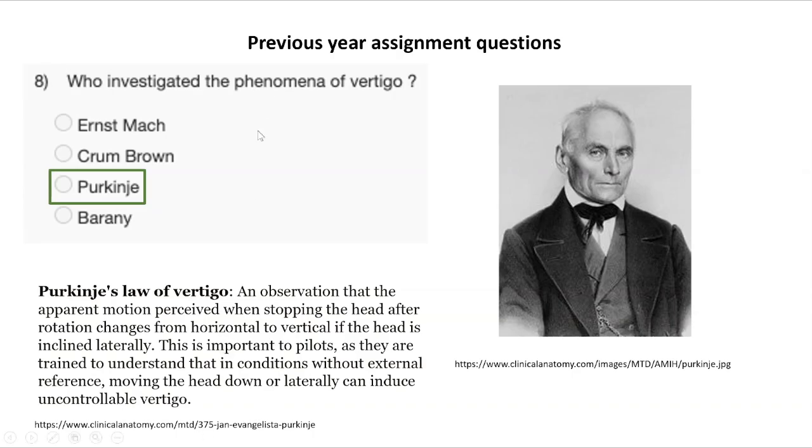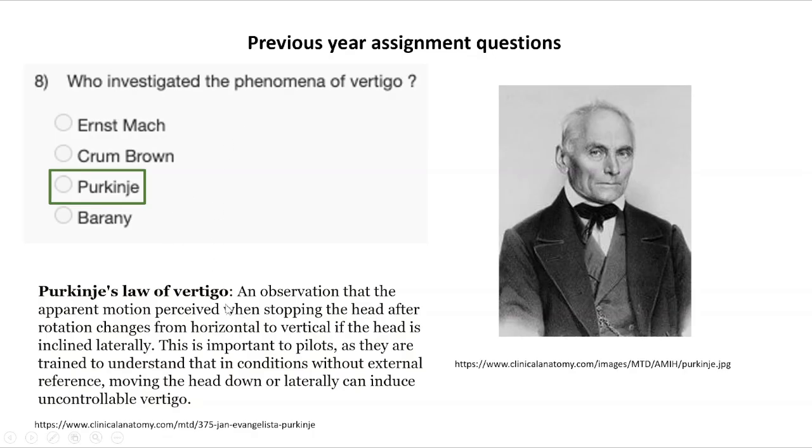But Barany was not the first person to investigate the phenomenon of vertigo. It was actually Purkinje who contributed. Purkinje was a Czech physiologist who investigated the phenomenon of vertigo, and he came up with the law of vertigo.